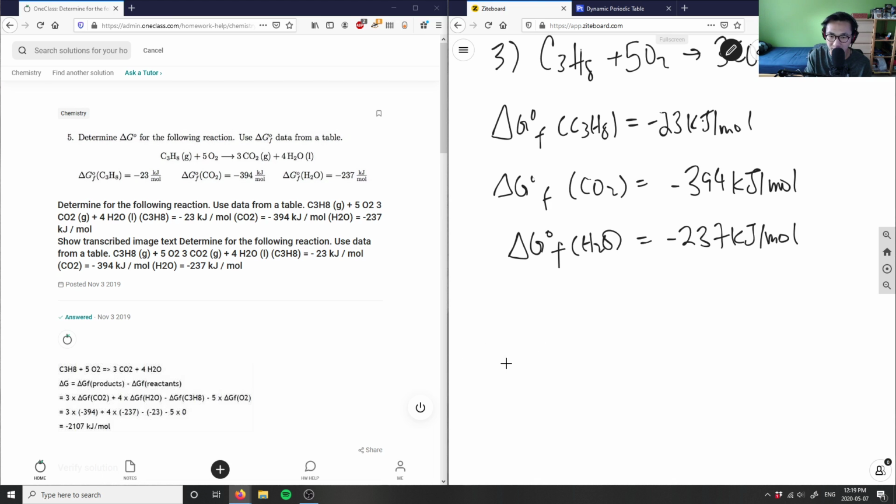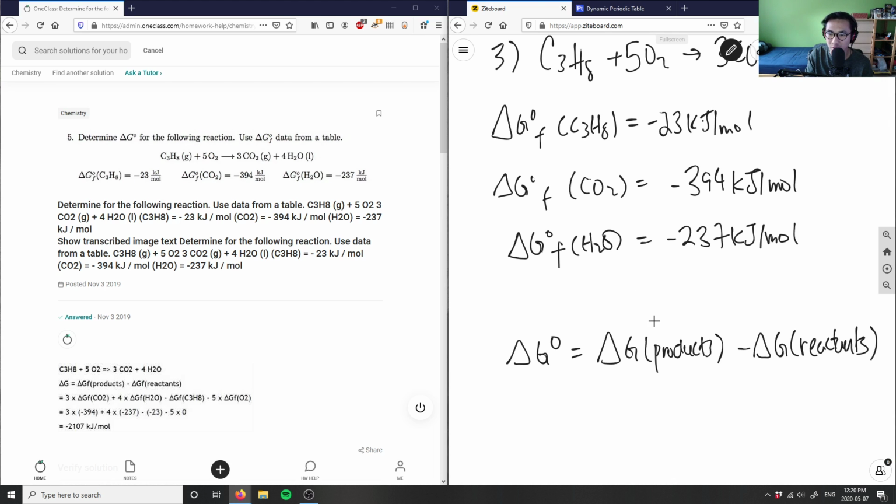So I can basically say that delta G for the reaction will be delta G, or Gibbs free energy, of our products minus delta G of our reactants. So it's very similar to Hess's law, but rearranged for Gibbs free energy.